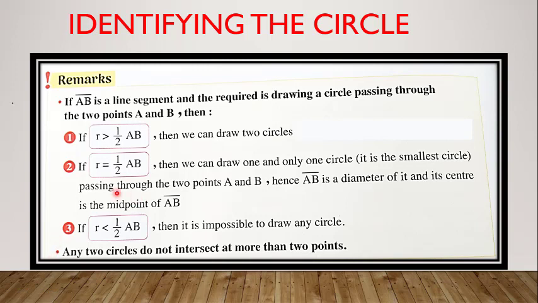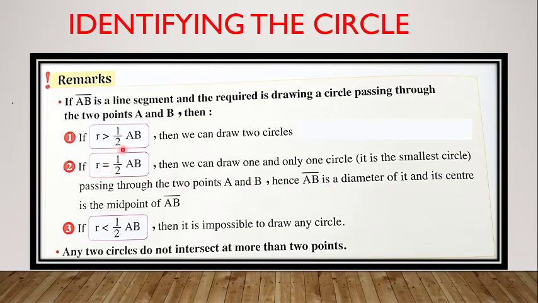Okay, if R equals half AB, in this case we will only draw 1 circle, and this is the smallest circle you can draw passing through the 2 points A and B. In this case AB is the diameter of this circle, and of course the diameter is the greatest chord.